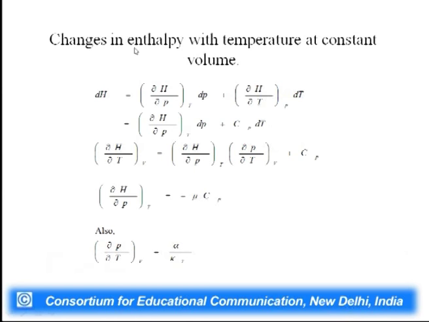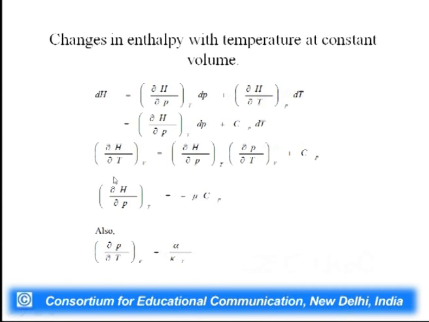Now, since we want to calculate change in enthalpy with temperature, we will write del H by del T at constant V. If I write del H by del T at constant V, both terms are going to be non-zero, and in that case you can simply write del H by del P at constant T, del P by del T at constant V plus Cp, since dT by dT gets cancelled out and you are left with Cp.